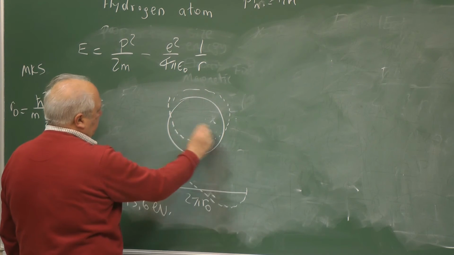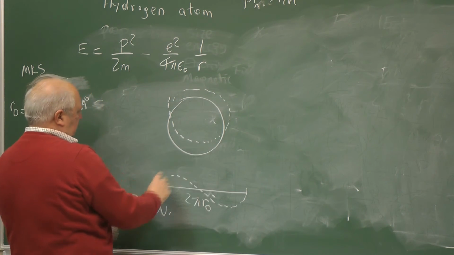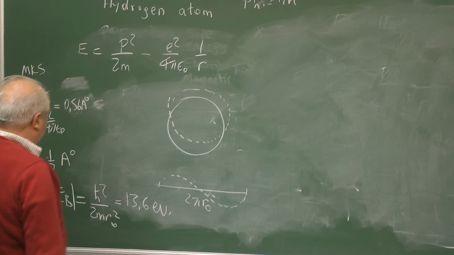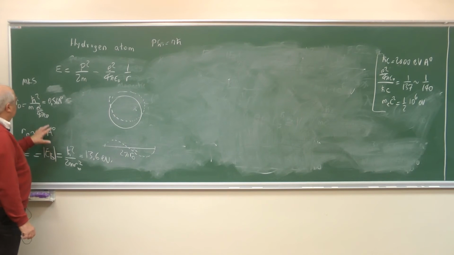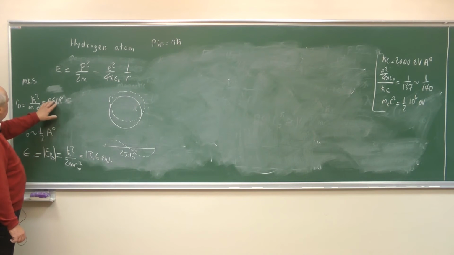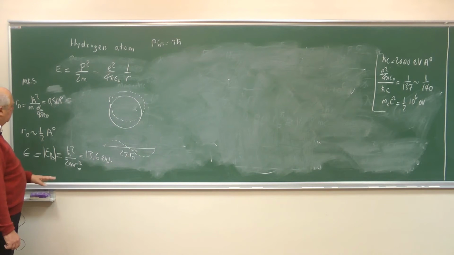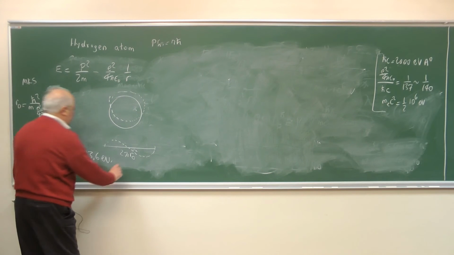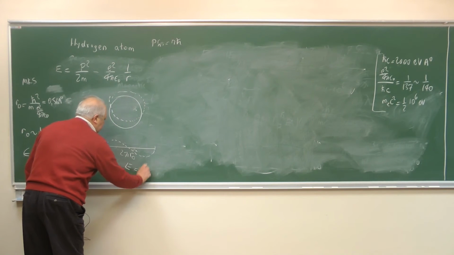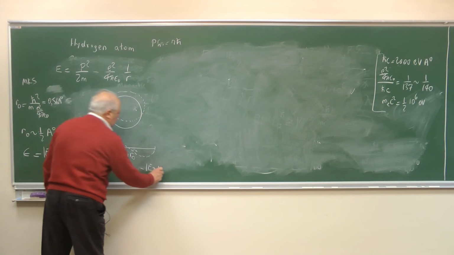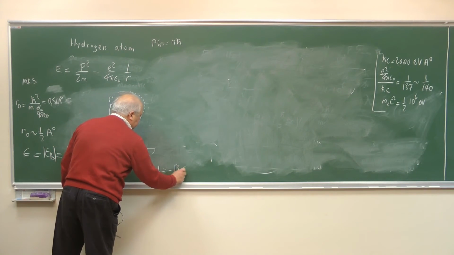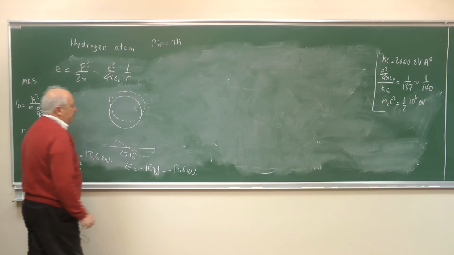So this is the up part, this is the down part. So one wavelength fits in. And the size of the atom in the ground state is 0.5 angstroms, half an angstrom. And the binding energy is negative. And E is minus EB, which is minus 13.6 electron volts.